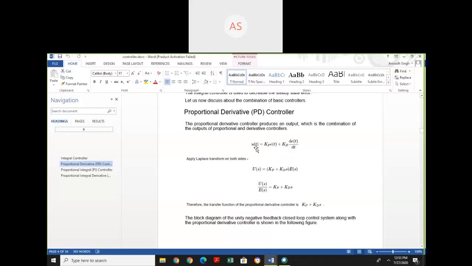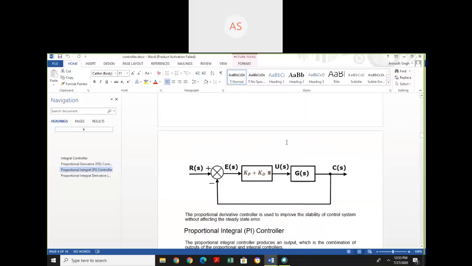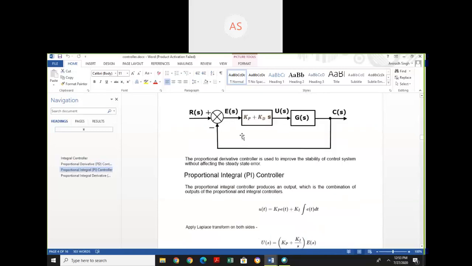In this case, output of controller is proportional to the sum of error and derivative of error. So if we take the Laplace transform, we get the transfer function of proportional derivative controller, and this is given by this block diagram.